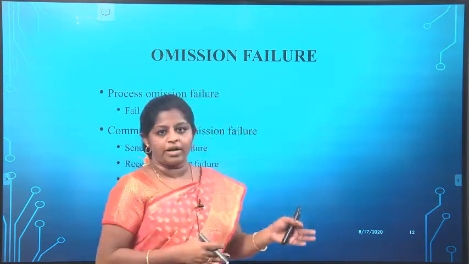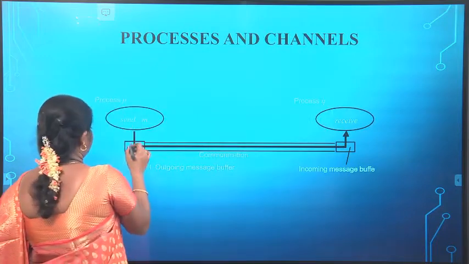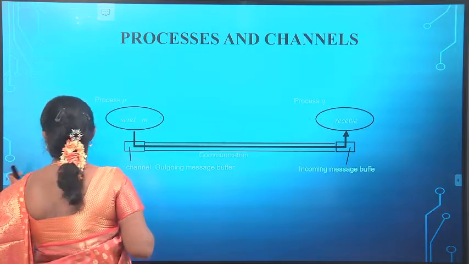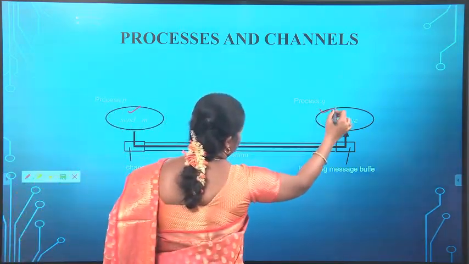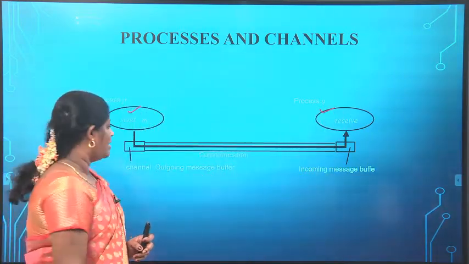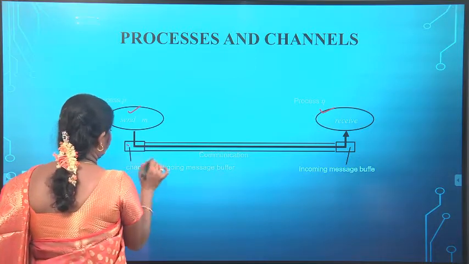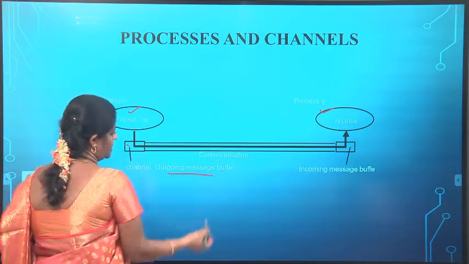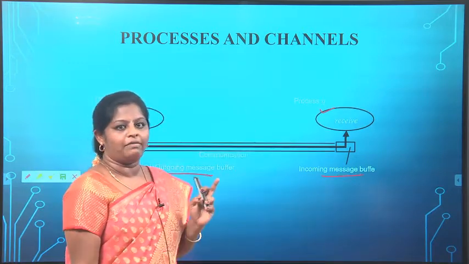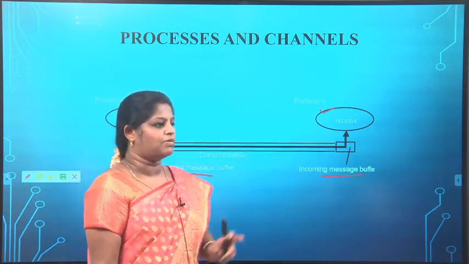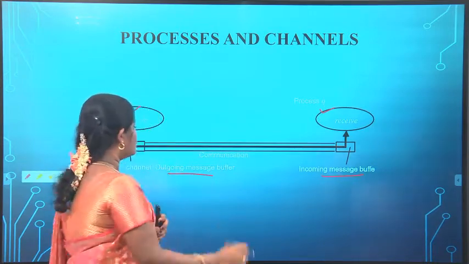I'll show you one diagram. This is a sender process, and this is a receiver process. Here we have two buffers: this is an outgoing message buffer, and this is an incoming message buffer. We have two buffers on the sender side as well as the receiver side, and this is a communication channel.